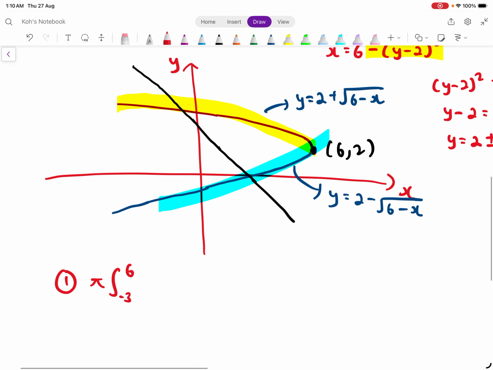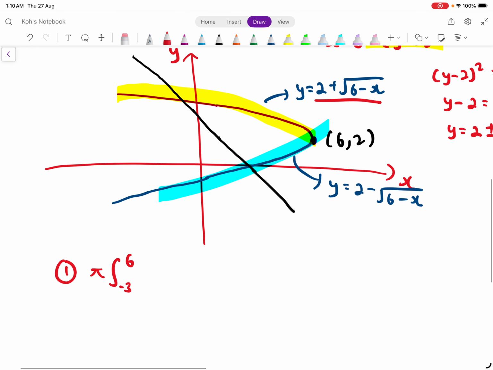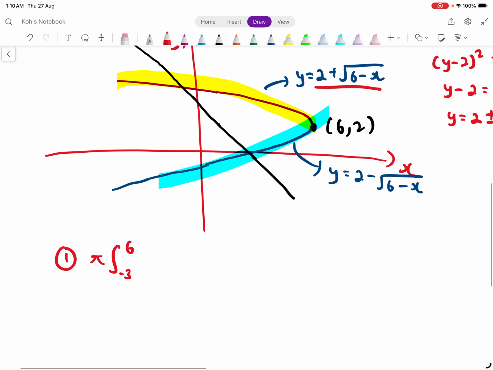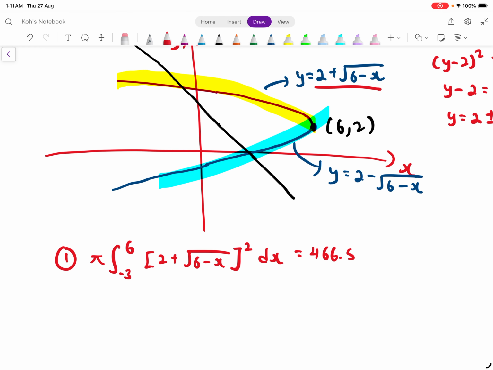Then you just sub in 2 plus square root 6 minus x, put a square bracket, then square, then of course dx. This gives about 466.5265102. That is the very first big volume.